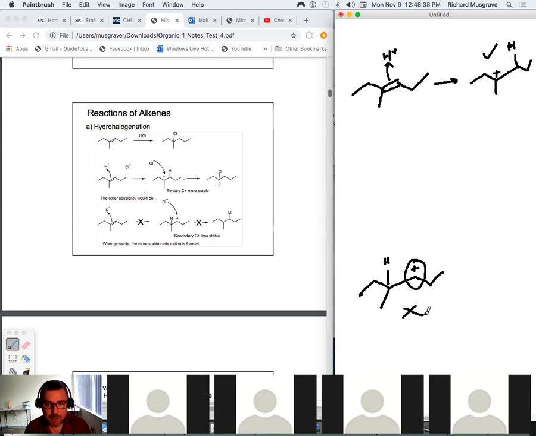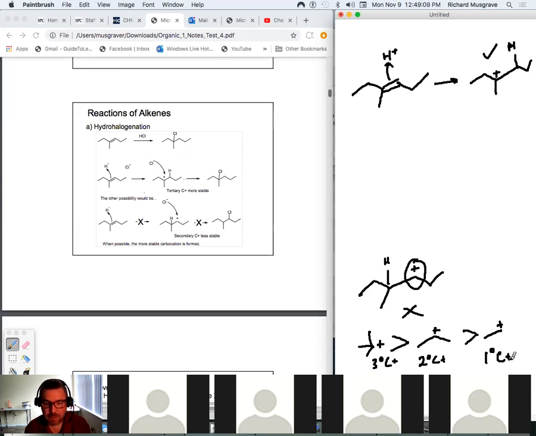So what's the distinction that's made between these? Well, it all comes down to the kind of carbocation we're dealing with. A tertiary C+, one where there's 3 carbons connected to the C, is going to be more stable than a secondary C+, which is more stable, again, than a primary C+.